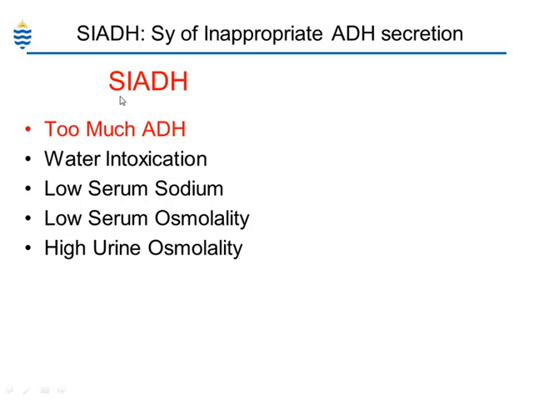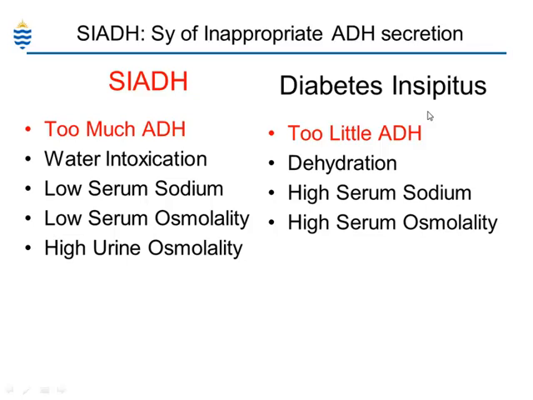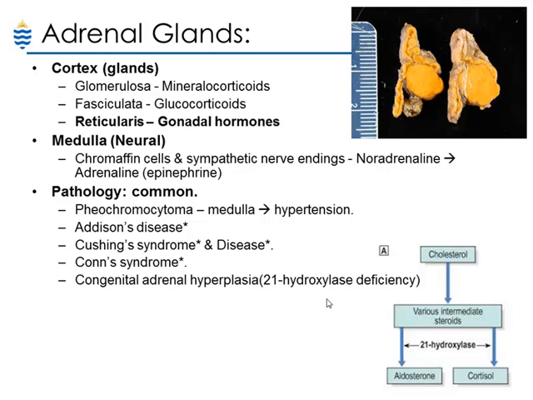Posterior pituitary, I am starting with syndrome of inappropriate ADH secretion, too much ADH, water intoxication, diabetes insipidus, not mellitus, too little ADH, dehydration, high serum sodium, low urine osmolality. I have just put the summary features, clinical features please write down.